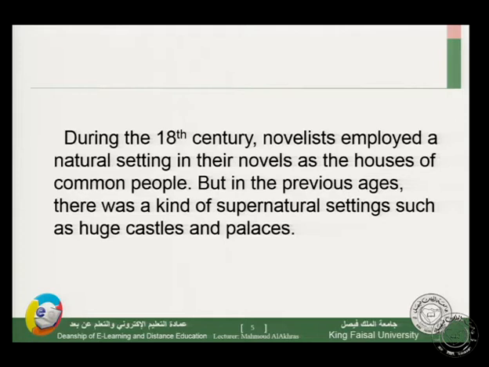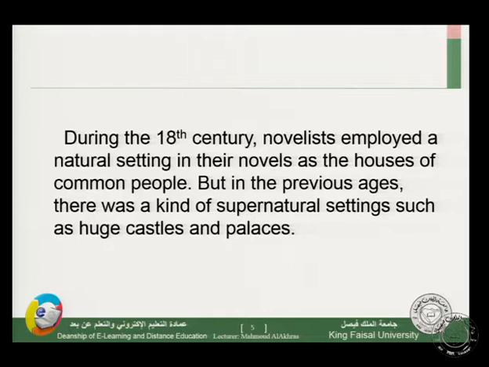During the 18th century, novelists employed a natural setting in their novels, such as the houses of common people. So we have different settings for the 18th century novels. But in the previous ages, there was a kind of supernatural settings such as huge castles and palaces.